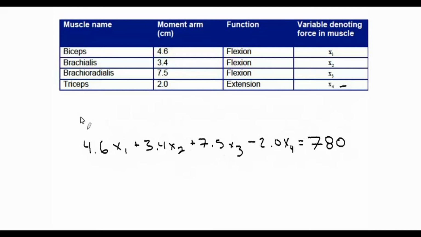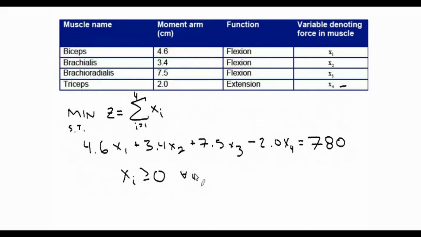Well, that's going to be pretty familiar to what we've been doing in the past, so we'll write min z is equal to the sum from i equals 1 to 4 of x sub i, such that moment equilibrium is satisfied, but also that we have x sub i greater than or equal to 0 for all i equals 1 to 4.